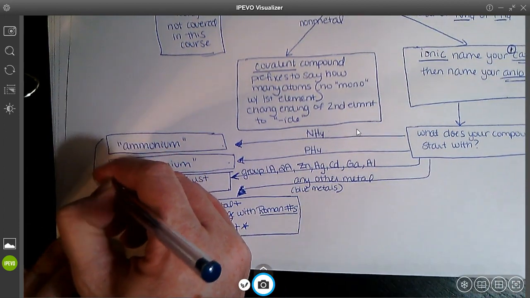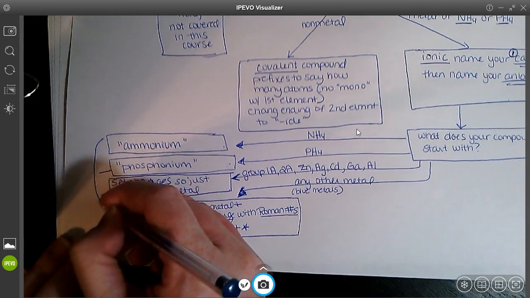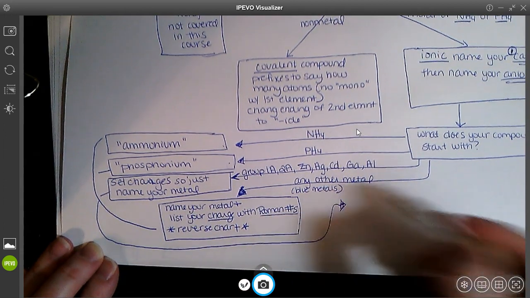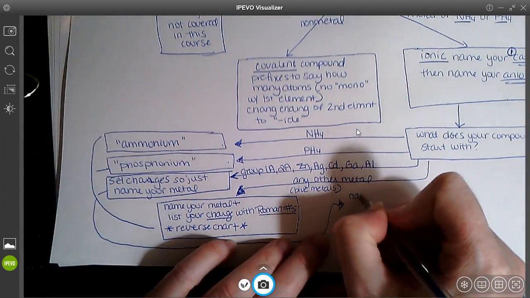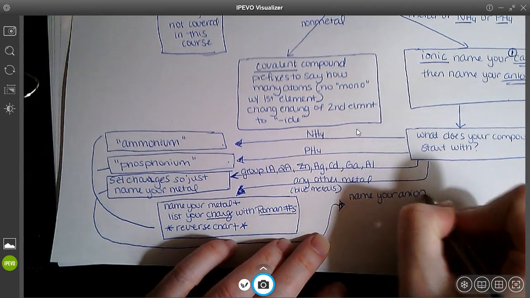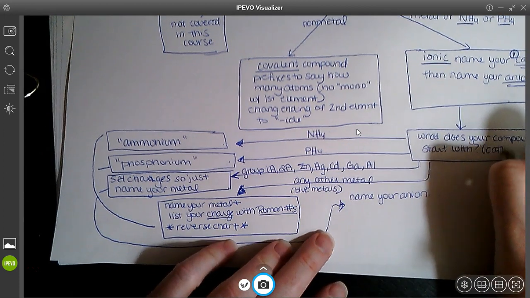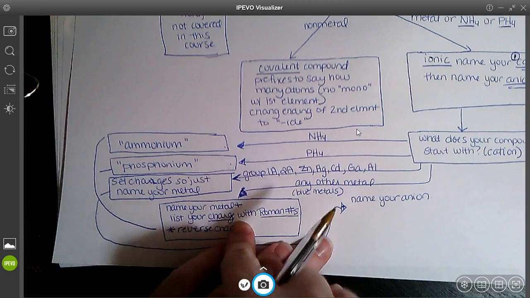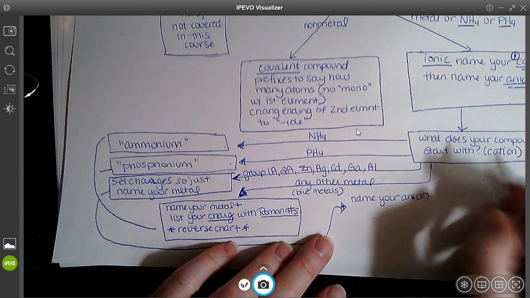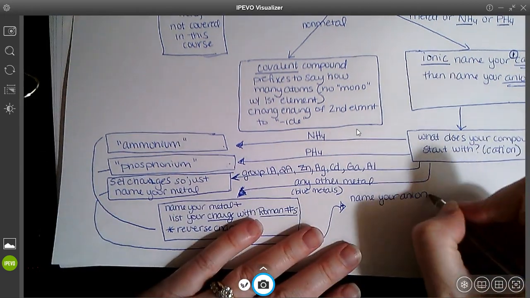So now, once our cation is named, all these steps. Now we need to name your anion. So what does your compound start with? This is your cation. We already did that. So we named all these. These are our cations. Now we need to name our anion. What is our thing with our negative charge? And what we're going to do is we have two ways, two possibilities here.